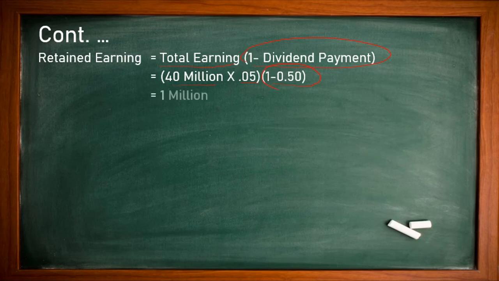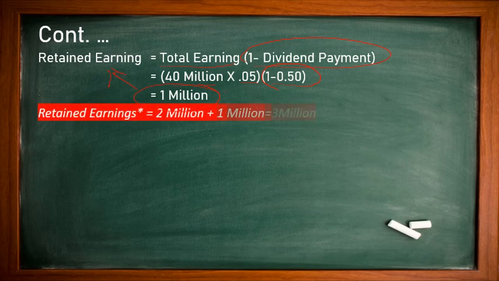So once we calculate, we get 1 million as retained earnings. Before we had 2 million, and now we add 1 million. So it becomes 3 million of retained earnings. This is what we showed in the balance sheet before.